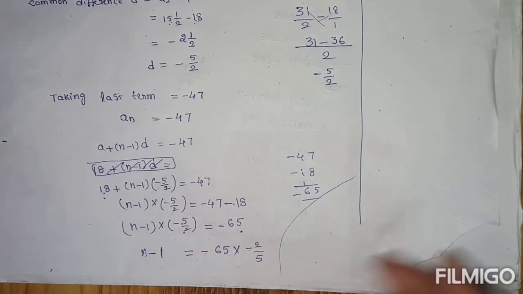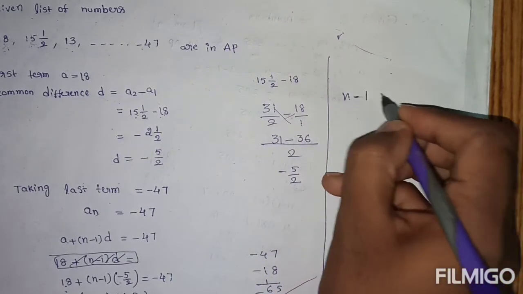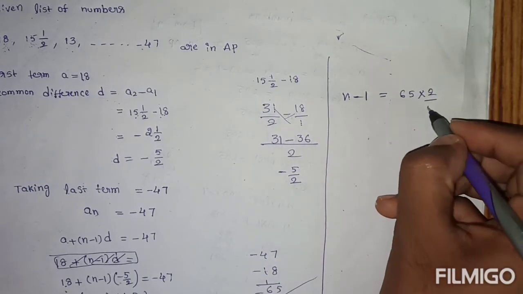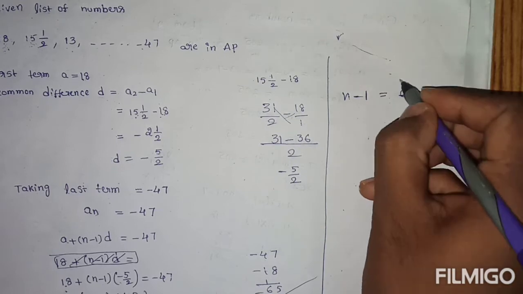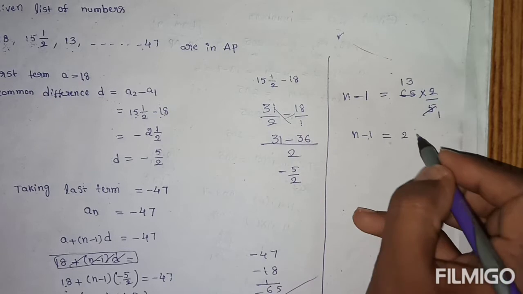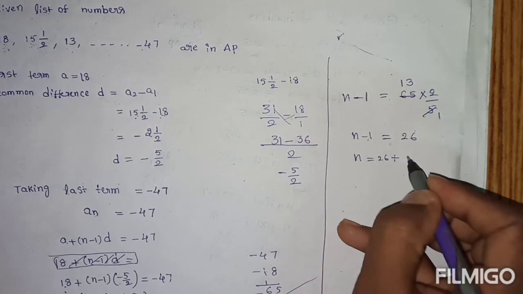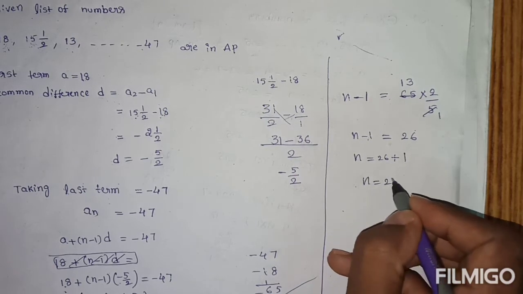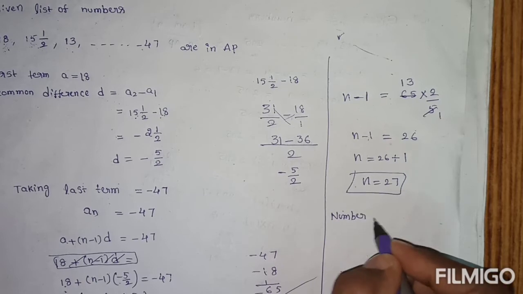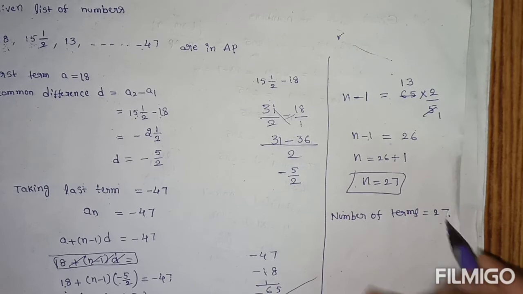So minus into minus is plus: n minus 1 is equal to plus 65 into 2 by 5. 5 1s are 5, 5 3s are 15, so n minus 1 equals 13 2s are 26. N equals 26 plus 1, transposing minus 1 as plus 1. N equal to 27. So what is n? Number of terms, equal to 27. Okay, write down.